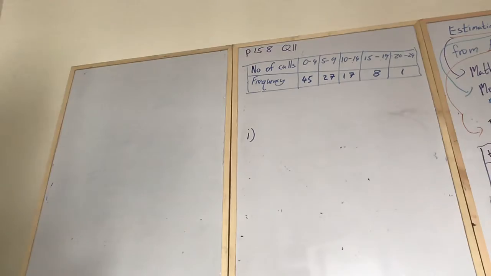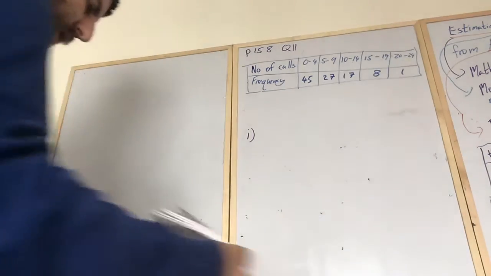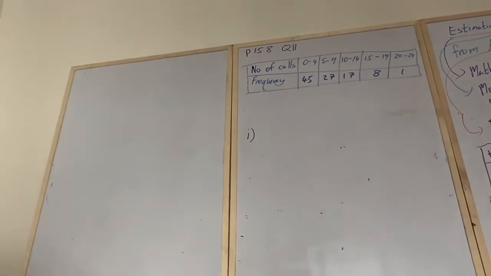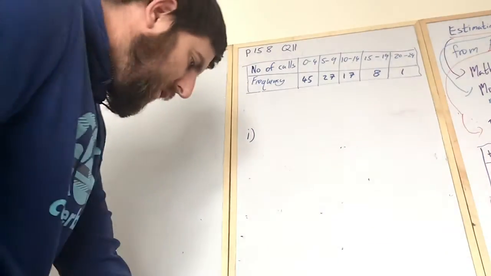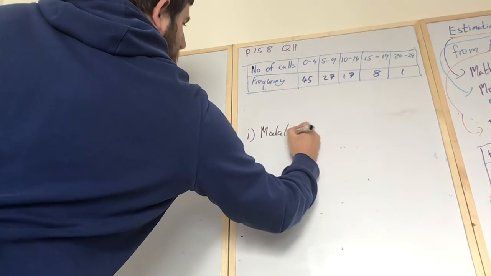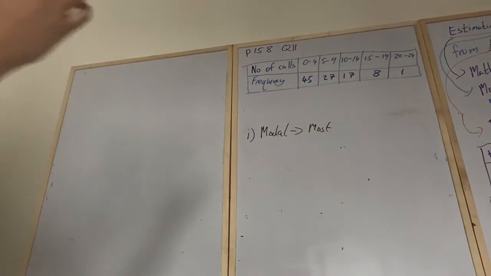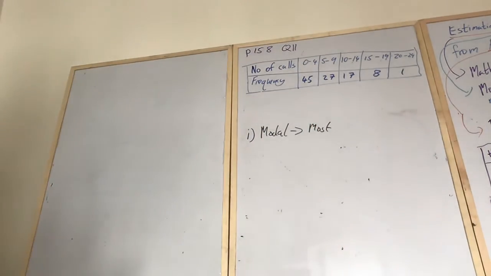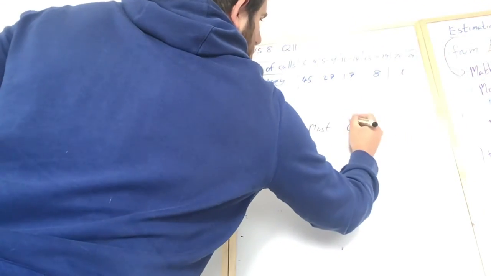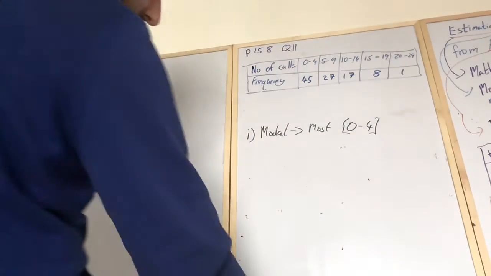So the modal is 45 people, but the group it belongs to is 0 to 4. So your answer is not 45, which some might think because it's the highest number, but the answer is 0 to 4.